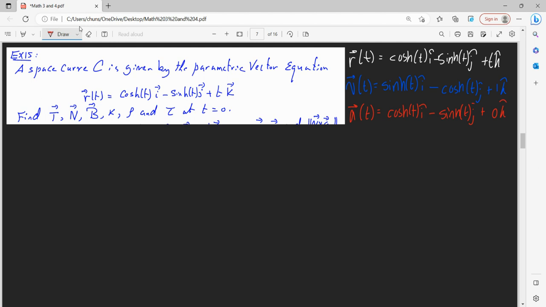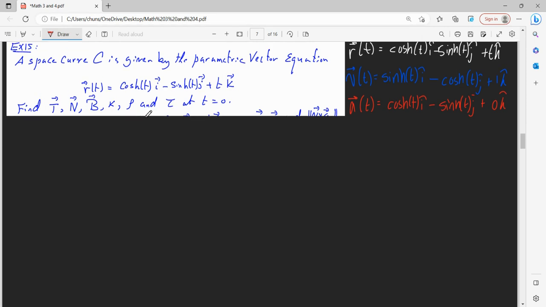So we want to find our tangent, normal, binormal unit vectors, as well as curvature, radius of curvature, and torsion at t equals 0. Okay, so let's start things off. Let's find our tangent unit vector.